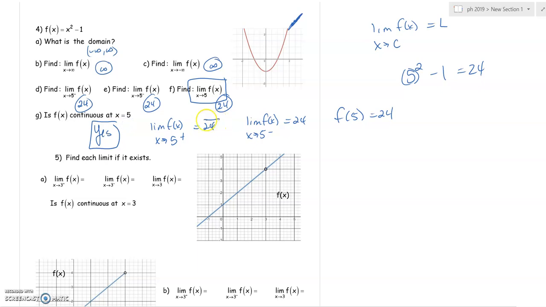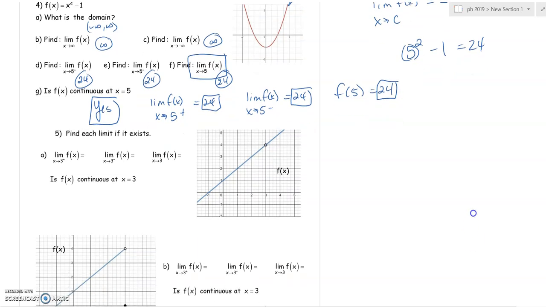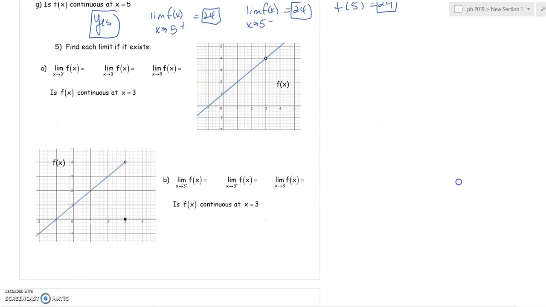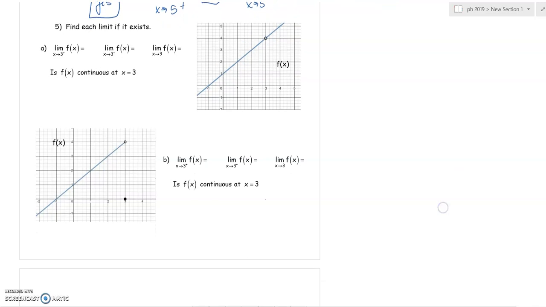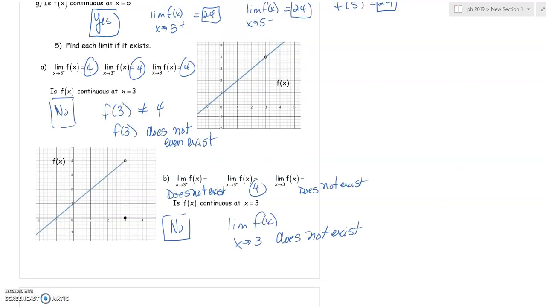Go ahead and try 5a, b, and c, and see how that goes. Pause the video, please. All right, so here we are for number 5a. Notice we have a removable discontinuity right here at (3, 4). So if I say to you, what is the limit of the function as x approaches 3 from the right? As x gets closer and closer, arbitrarily close to 3 from the right, the y value is approaching 4.